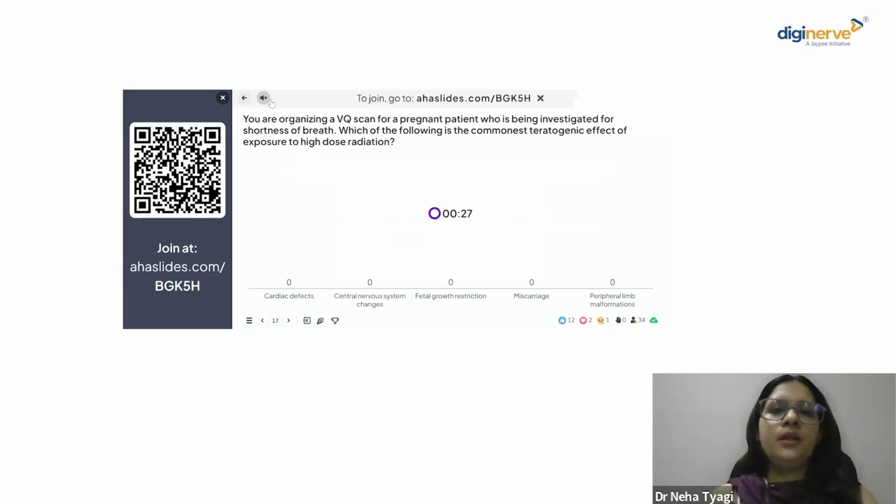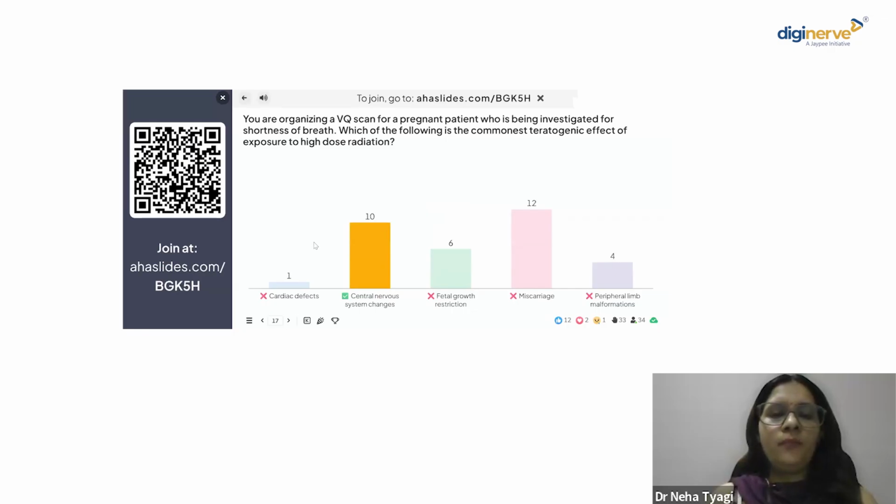You are organizing a VQ scan for a pregnant patient who is being investigated for shortness of breath. Which of the following is the commonest teratogenic effect of exposure to high-dose radiation? 10 have marked it correctly.